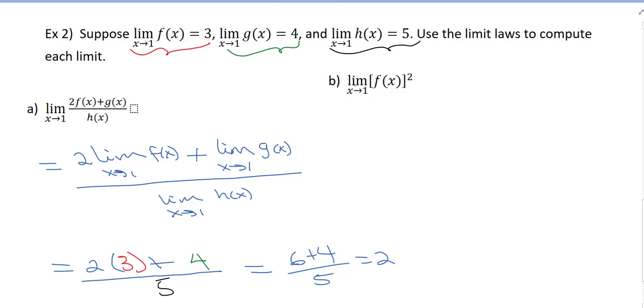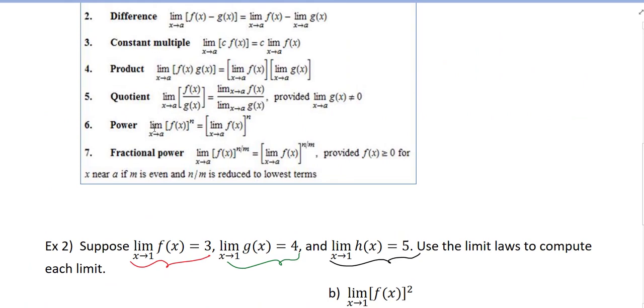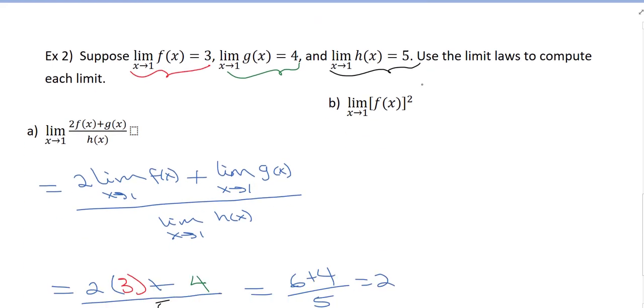And then here for part B, which property can we use? Looks like we can use number 6, the power property of limits. The limit as x goes to a of a function to a power is the power of the limit. So I have f of x squared there.